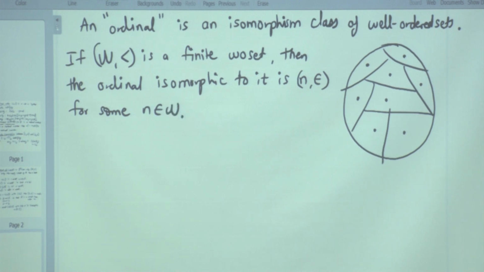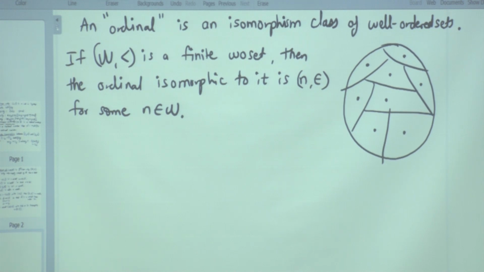Yeah, we just saw that. Every finite well-ordered set is isomorphic to (n, ∈) for some natural number. Which natural number? It is precisely the size. How many elements are there in it? So similarly, now we want to do this for infinite well orders as well.